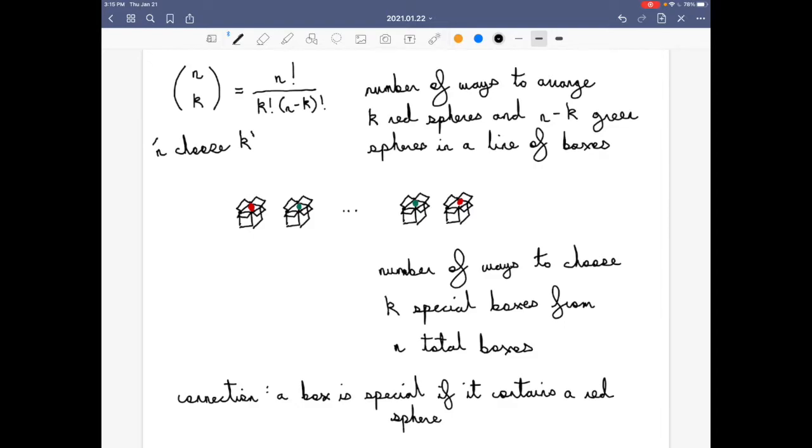Hi, so this is the second lecture for the probability course. On Monday, we're going to have an interactive lecture on Zoom, which you can access through Canvas. We'll discuss a variety of things.